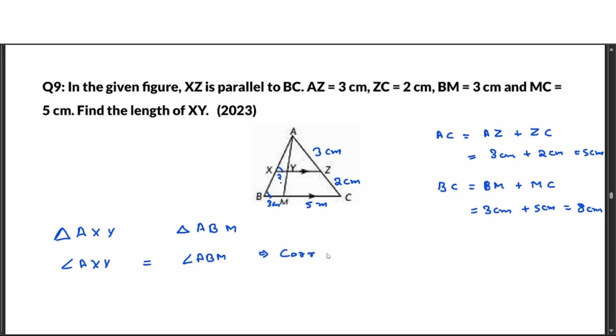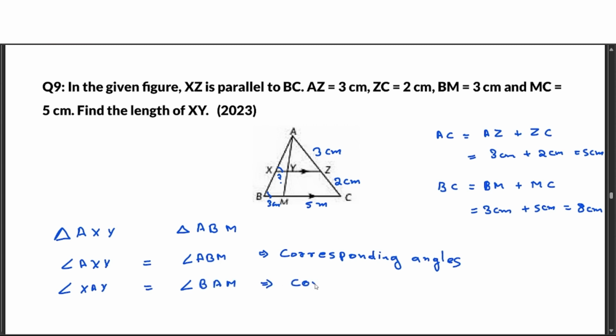Corresponding angles, because here XG and BC are parallel, so you can say the reason is corresponding angles. Okay, same way you can say angle XAY is equal to angle BAM, that is common angle.